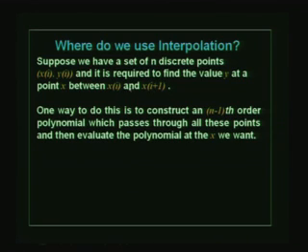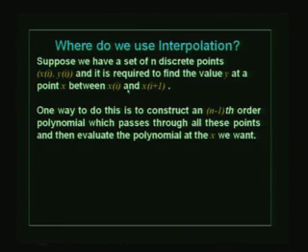In this case we need a function which would faithfully go through all the tabulated points, and then we can use that function to evaluate the value at a desired point x in between any two tabulated points. That is the basic use of interpolation.